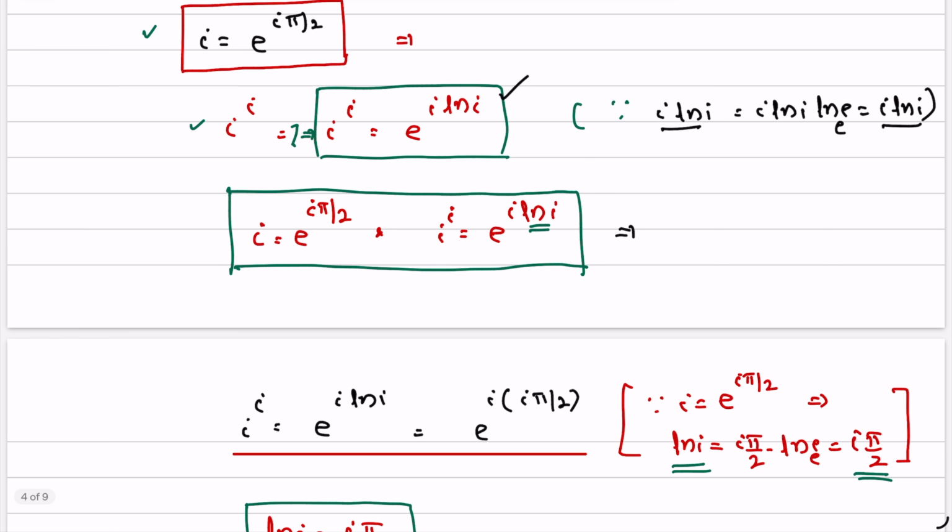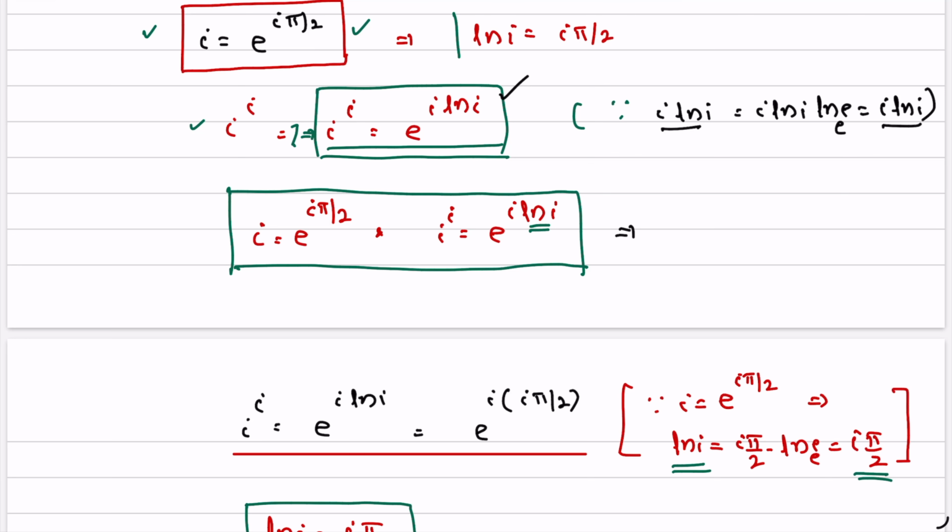And also we have used i to the power of i is equal to e to the power of i ln i. Please see this one or two times more to understand better, and try to combine these identities. Ultimately, from this value we got all other values. From this, we got i is equal to e to the power of i pi by 2, which implies ln i is equal to i pi by 2.